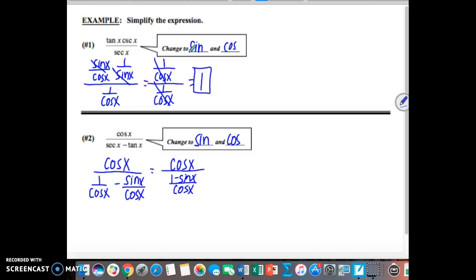And now if we multiply by cosine of x in the numerator and denominator, cosine of x by cosine of x, this is the same thing as multiplying by 1. So we are using another one of our strategies. Now our cosine in the denominator gets canceled out, and in the numerator we are left with cosine squared of x, and in the denominator we are left with 1 minus sine of x.